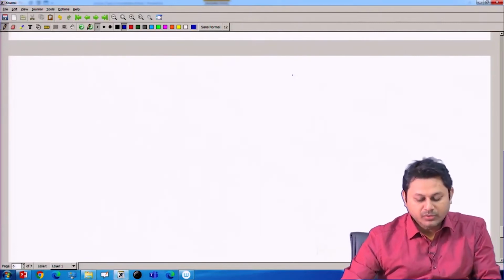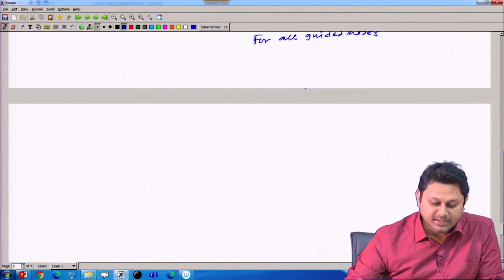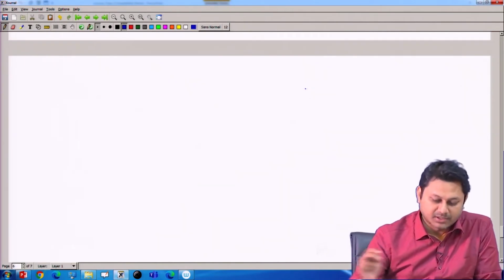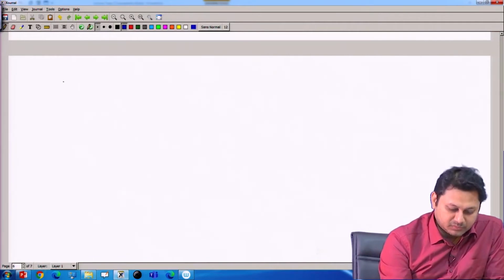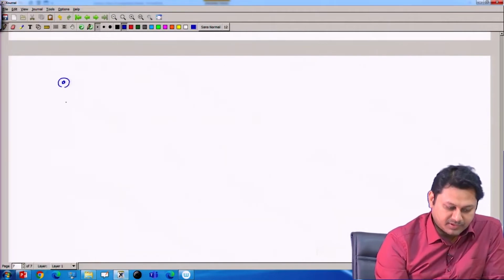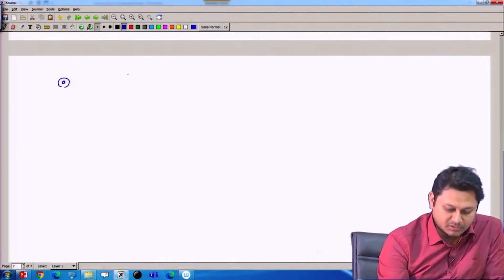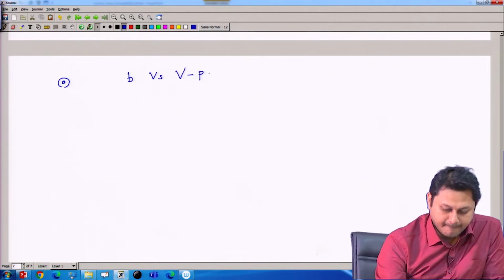Now, we want to map the modes that I mentioned in the starting of the class. So, in order to map the modes, we will plot something called the B versus V parameter plot.